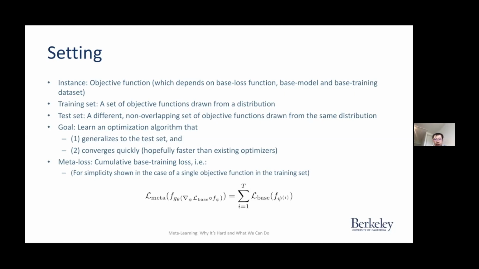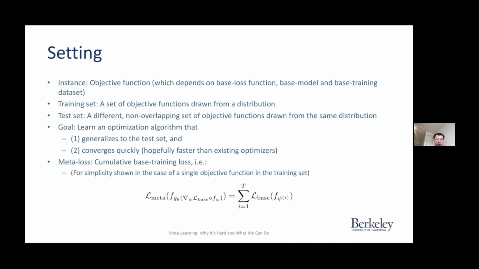The training set is going to be a set of objective functions drawn from a distribution, and the test set is going to be a different non-overlapping set of objective functions drawn from the same distribution. So the goal is to learn an optimization algorithm that, first of all, generalizes to the test sets and also converges quickly, hopefully faster than existing optimizers.